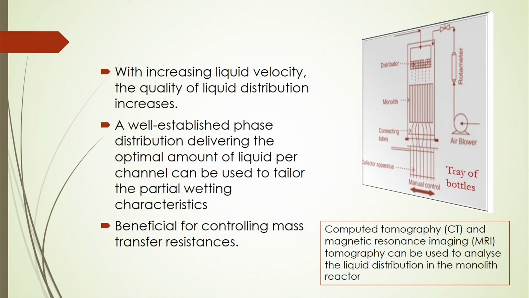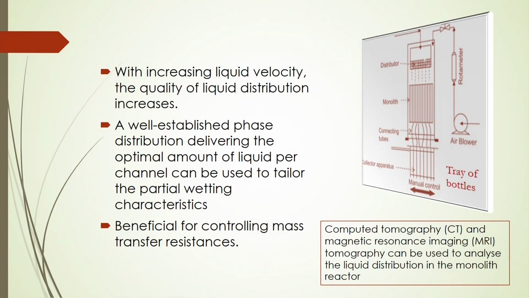A well established phase distribution, delivering the optimal amount of liquid per channel, can be used to tailor the partial wetting characteristics sometimes. So you have to design the reactor where the phase distribution gives the optimal amount of liquid through the channel, and characterizes the partial wetting during the flow distribution.